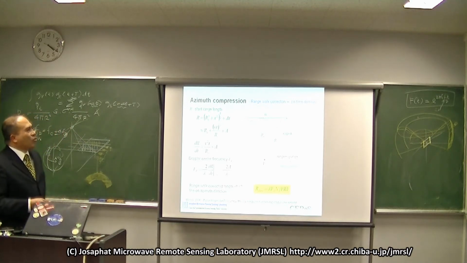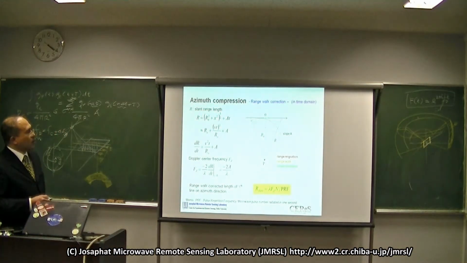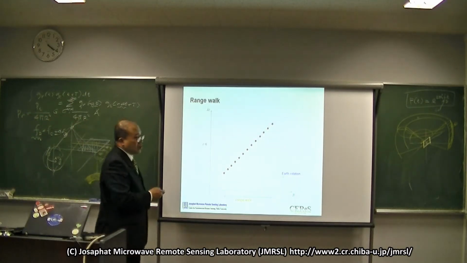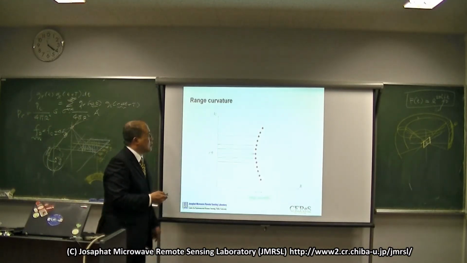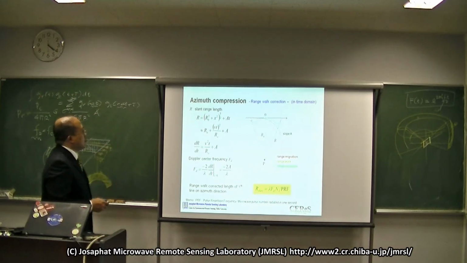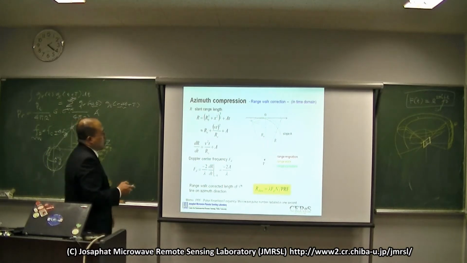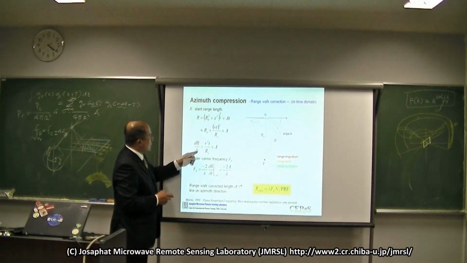Okay. How to correct this range walk? This one first. It is almost the same until here. R is equal to this one, and we make the approximation to be here, and just derive this R to be like this one.